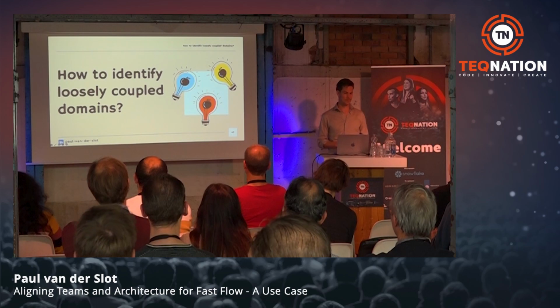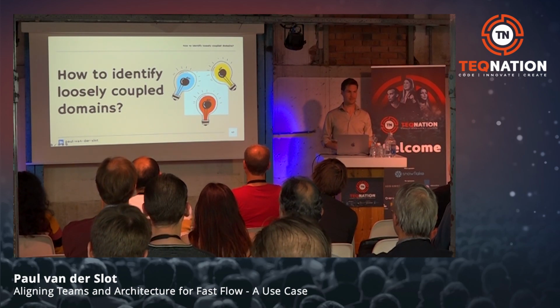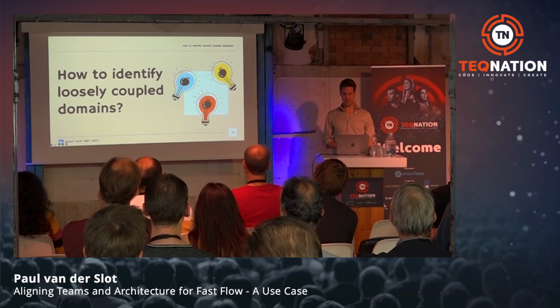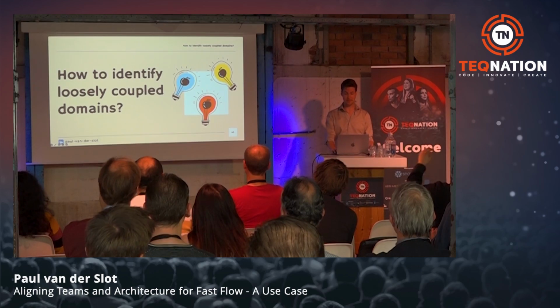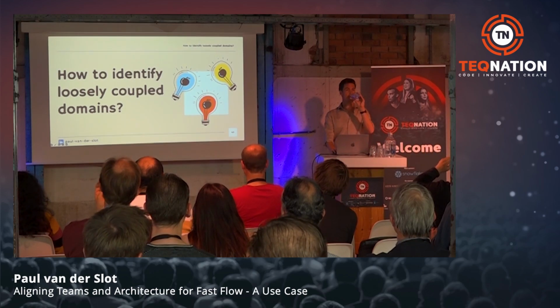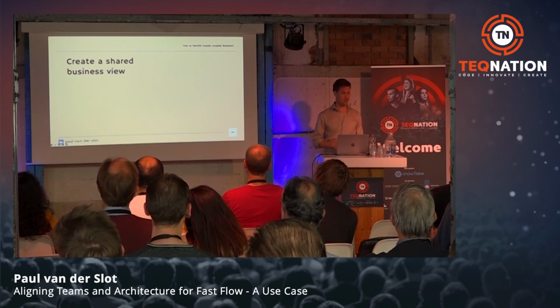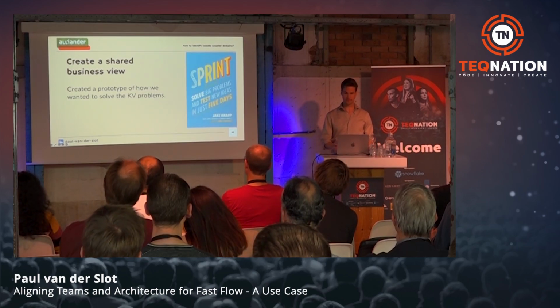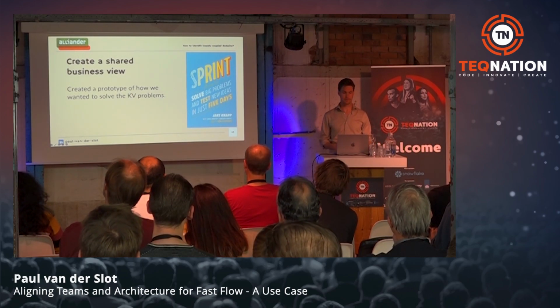All right. So let's talk about identifying loosely coupled domains. We want to achieve that, but how to get there? Because this is the key to get independent teams with fast flow. We want to start with a shared business view. And we did this at Alliander with a design sprint.